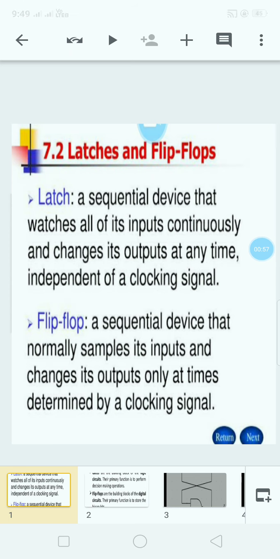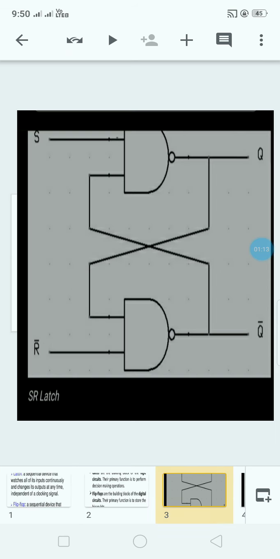But first, let's clarify the difference between a latch and a flip-flop. The basic difference between a latch and a flip-flop is the gating or clocking mechanism. For example, let us talk about SR latch and SR flip-flops.